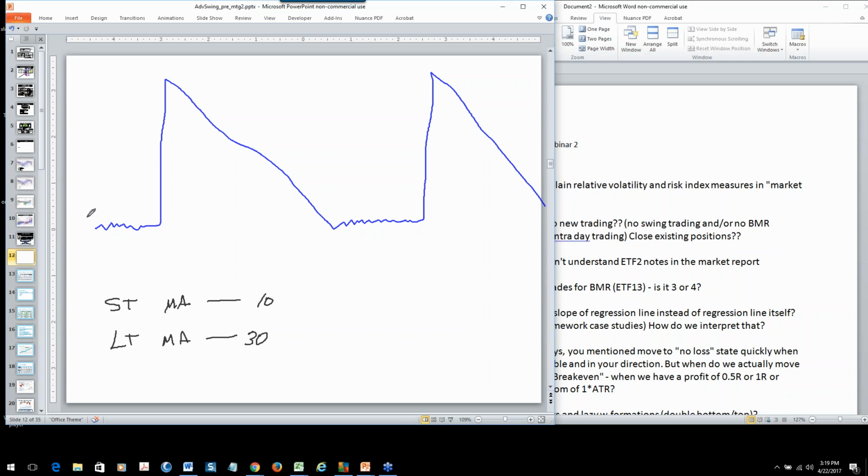Now, when you have these long periods of decline, if I have a 30 period moving average that looks like that, and then a 10 period that looks like that, you can see that the 10 period moving average is going to be about here, and the middle of the 30 period is going to be about here. So that's the 30 SMA, and that's the computed value of the 10 SMA.